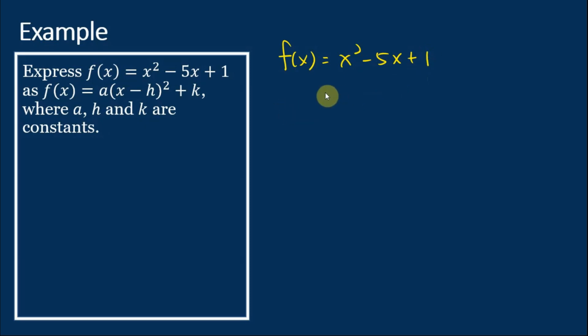And we learned that to complete the square, we need to split this 5x term into 2 equally so that we can fill up the 2 rectangles. So we make this become 5 over 2 x minus 5 over 2 x. This is to split the negative 5x into 2 equal terms. And then plus 1.